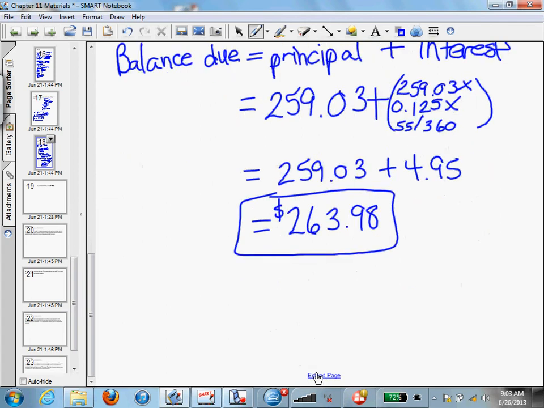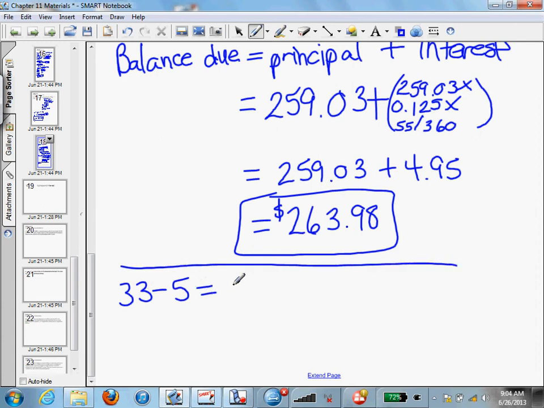For the next part, since there is a second partial payment made, we use the banker's rule to calculate the interest on the unpaid principal for the period of January 5th to February 2nd. According to the table in your book, the number of days from January 5th to February 2nd is 33 minus 5, which equals 28 days.